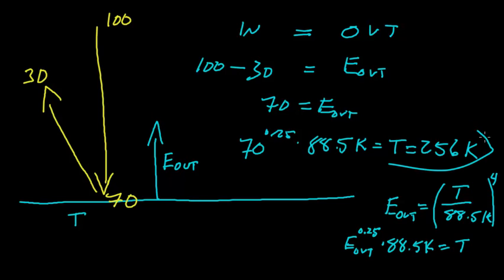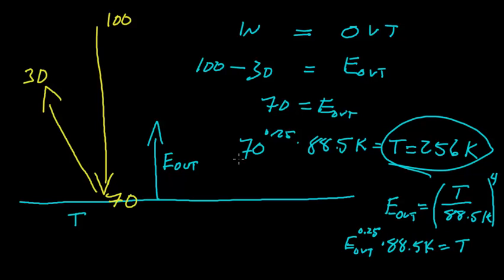Okay, so that's the temperature that the surface of the Earth would get to without an atmosphere, with 100 units of solar energy coming in, 30 bouncing off, yielding 70 coming in total, and then the Earth heats up until the energy out is equal to 70.